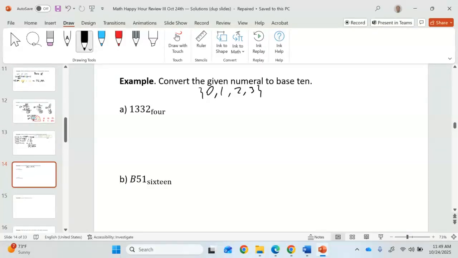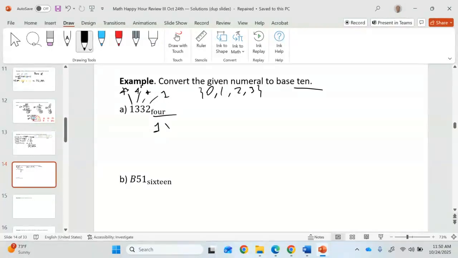So all I need to do is expand these numbers to write it in base 10. Since they're in base 4, the expansion is going to have powers of 4. Notice that this is the 1s, this is the 4 square, and 4 cube.